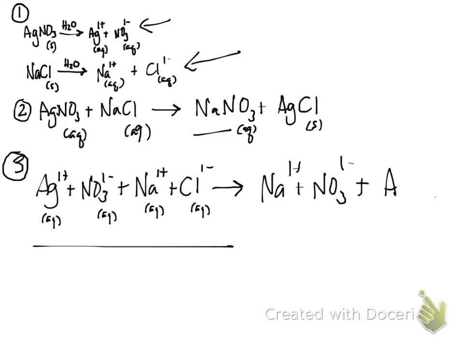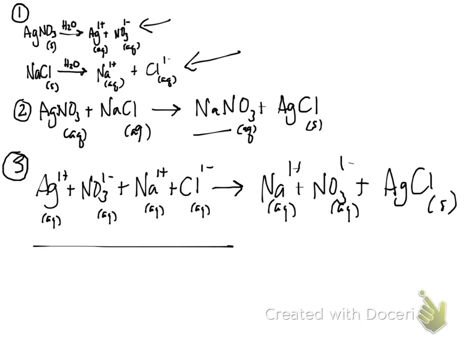So we're going to write AgCl. There are no charges on this. This is not ions playing around on their own, you know, loosey-goosey. And this is a solid, and we will show it that way, where these, of course, we're going to show as being aqueous.